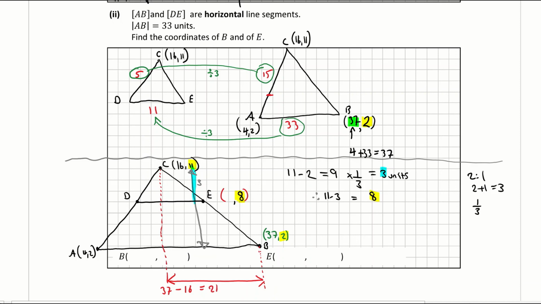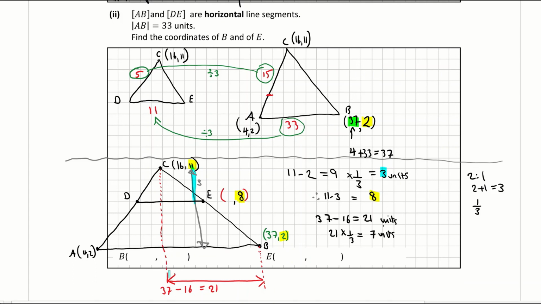Now it's the same again. I'm looking at 1/3 of that. So let's write that over here in the box. Kind of stuck for space here. Now there are different ways you could do this. This is just the way I'm spotting it, a little bit of problem solving here. So that's 21 units, and I want to find 1/3 of that. 21 multiplied by 1/3 is equal to 7 units. Now what do I want to do with the 7 units? Think about this now. What way are we going?